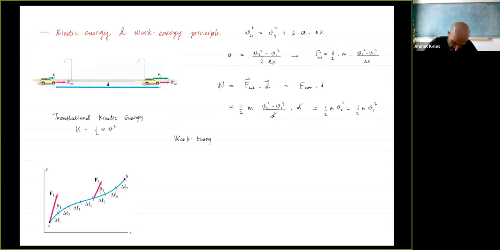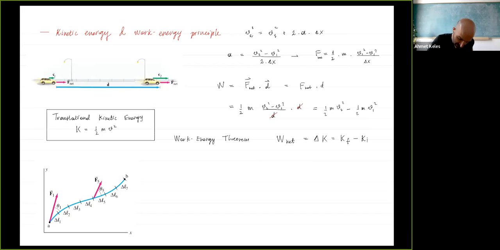It says the net work done on a system is equal to the change in kinetic energy, called delta K, which means kinetic energy at the final moment subtracted from kinetic energy at the initial moment. These two things are what we introduced, and they are going to make our job a lot easier when we use them in problems.